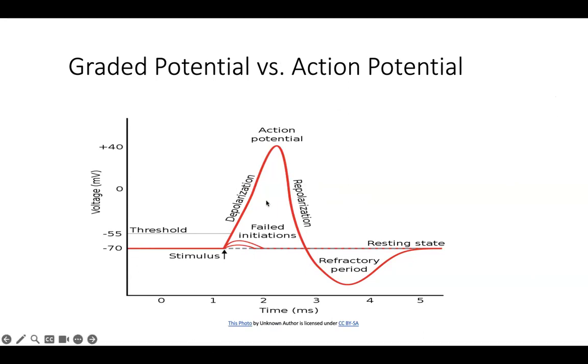These first two that are listed here are failed initiations where they've not reached that threshold. You have here maybe -60, -65, -60, and you're just not quite reaching that threshold to activate that action potential. These stimuli are graded potentials. Graded potentials are what initiates an action potential. So on these failed initiations, these are just smaller graded potentials that have not been able to become an action potential just yet.